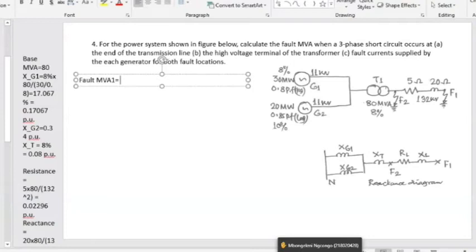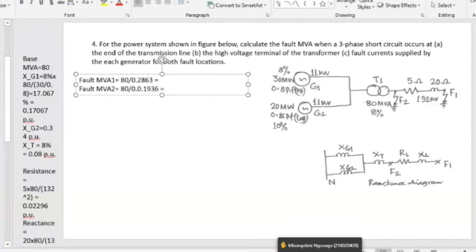So fault MVA1 is 80 divided by 0.2863, that's the fault reactance up to the fault point. And for fault MVA2, it will be the base MVA divided by 0.1936.